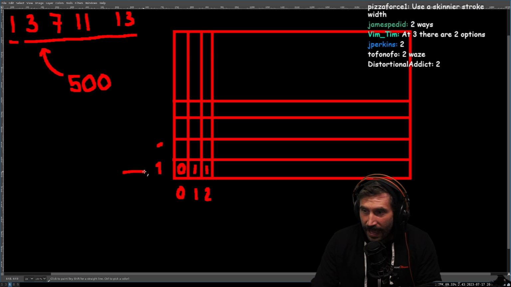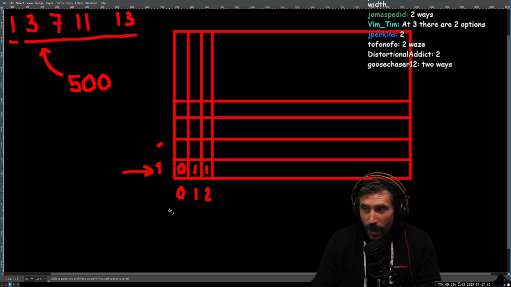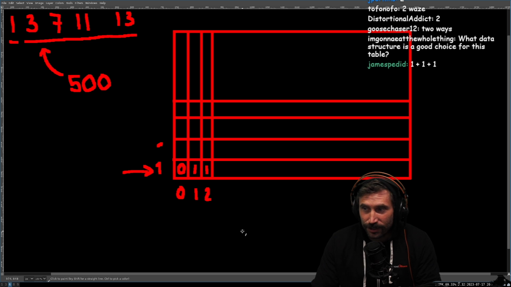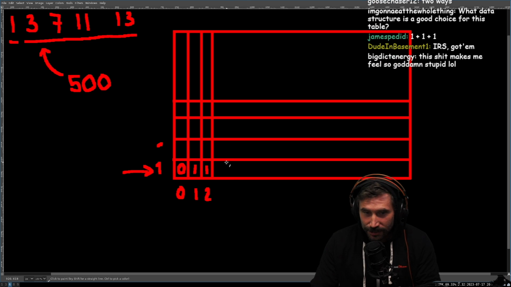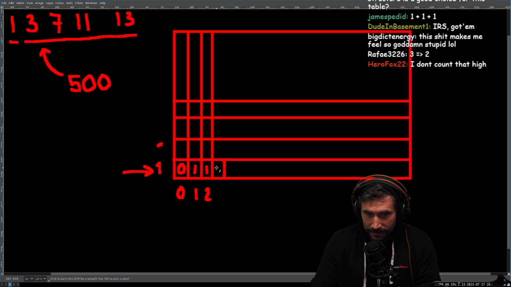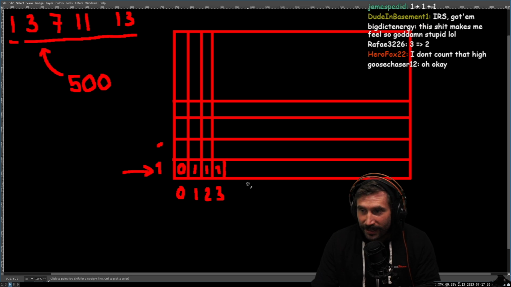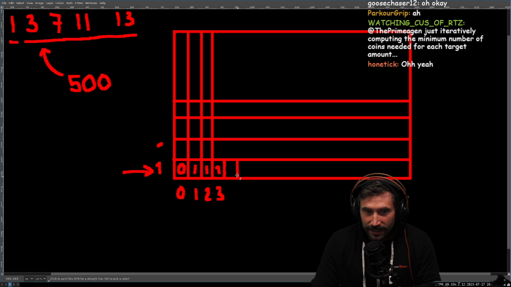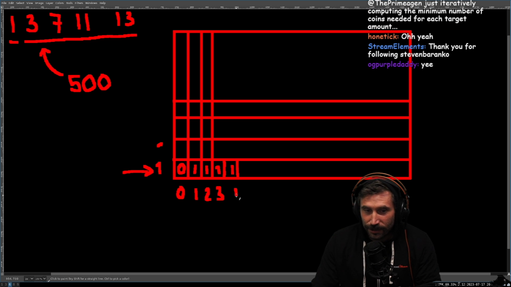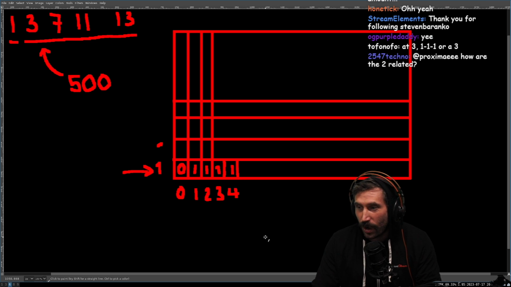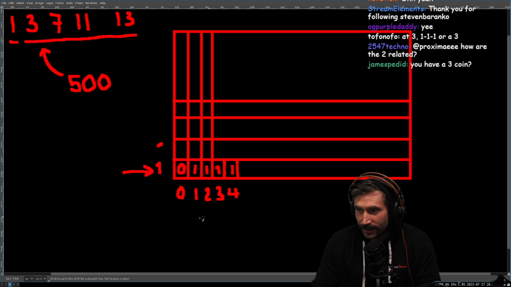When you only have one type of currency, there's only one way to make change, which is with ones. Guess how many for 3? There's only one way. Guess how many for 4? There's only one way when you have ones you can make change.